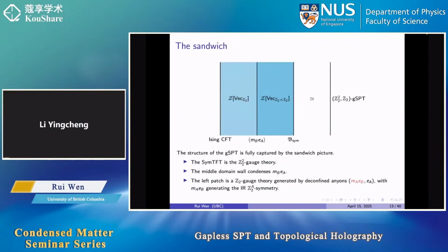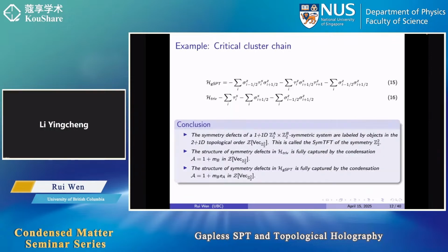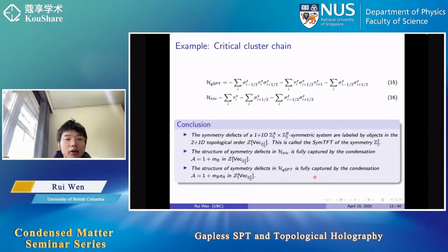Excuse me. Yeah, go ahead. So could you please go back? What do you mean by condensing MBEA? In my mind, it looks like the fermion in the toric code. Is that the case? Oh, yeah, this is not a fermion because A and B live in different Z2 sectors. If it were M times E in the same toric code, it would be a fermion, but this is M in one Z2 and E in another Z2.